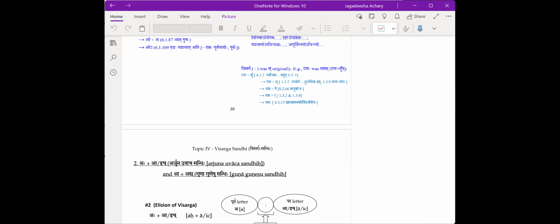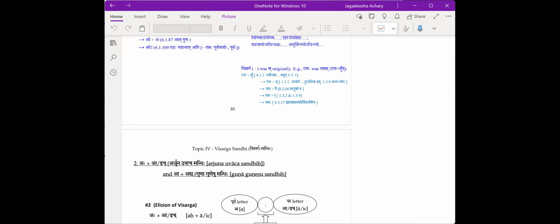As a result of some sandhi, it may be visarga sandhi, savarna dirgha sandhi, or one of the purva rupa or pararupa sandhis, there are one or two syllables missing, missing in the sense of unpronounced.